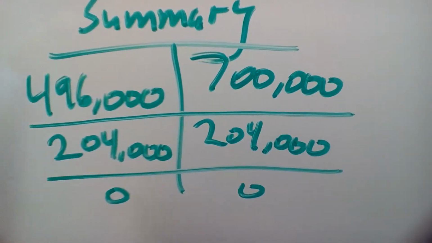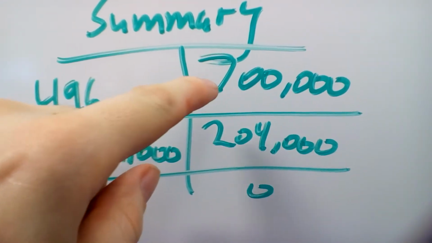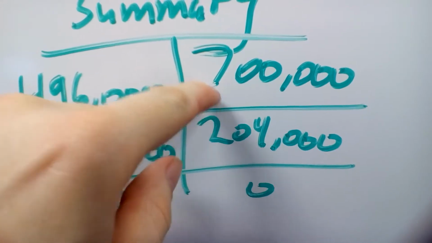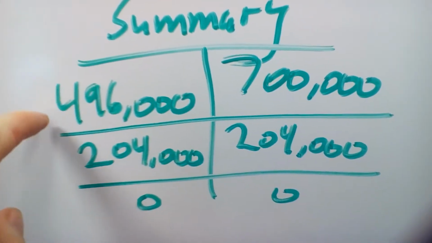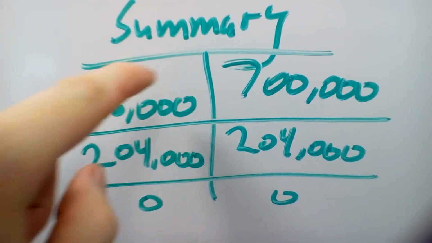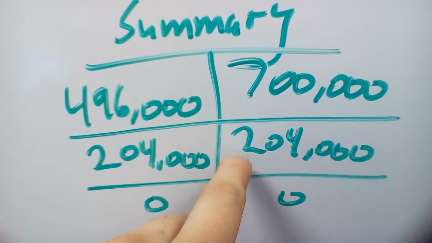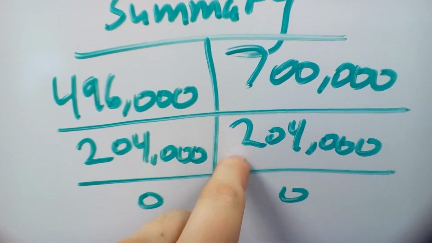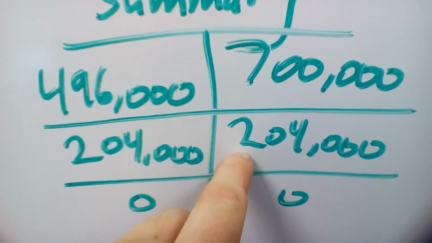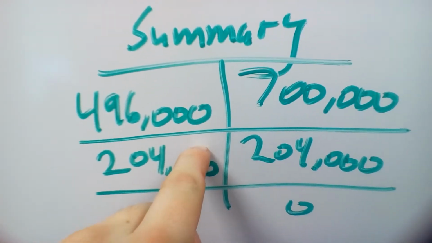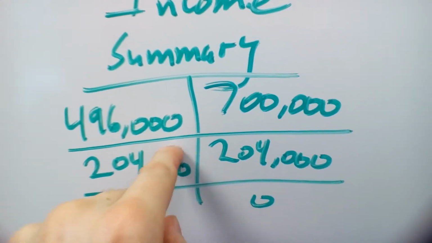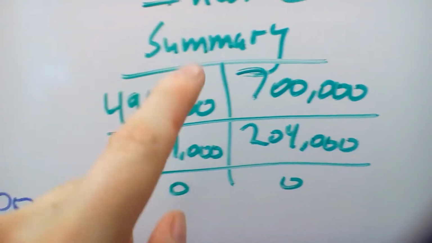After we find out how much is left in the income summary, because remember we credited it to put the income in, and then we debited it to put the expenses in, the difference leaves a credit balance of 204,000. So we know we have an income because we have a credit balance left. We debit that, and then we credit our capital account.